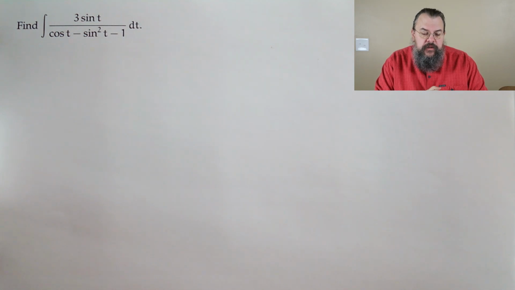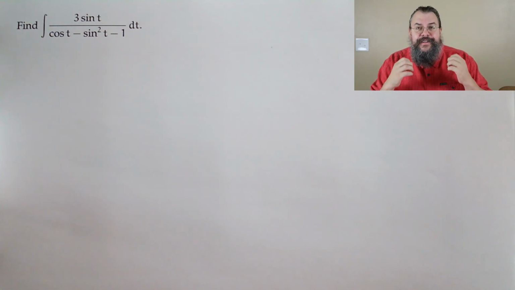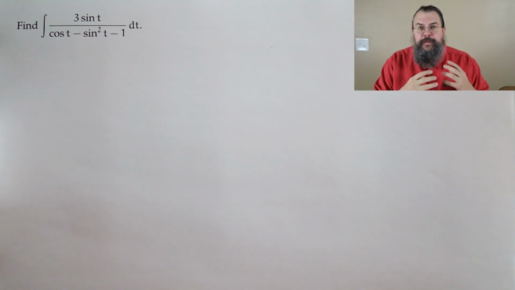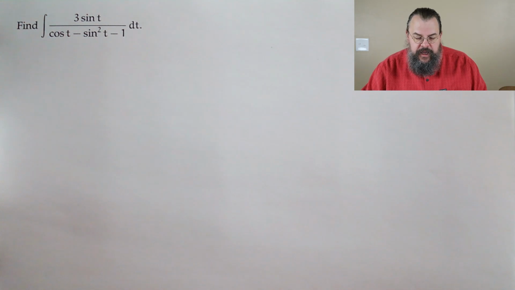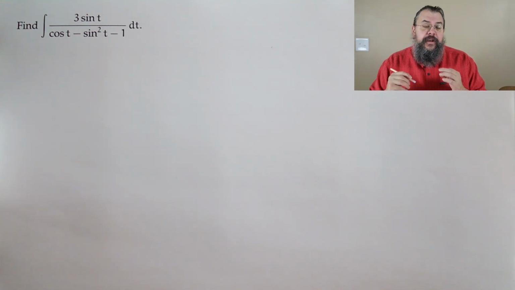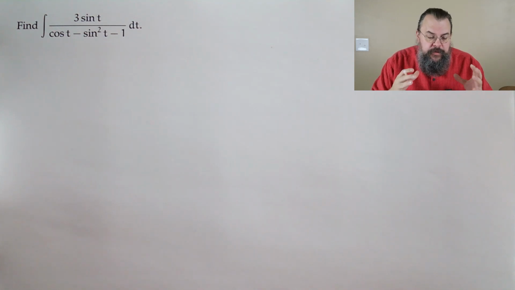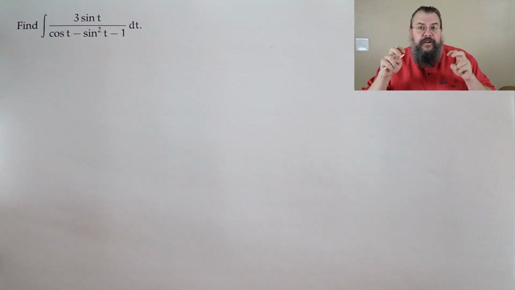Now, one of the things to start looking for is potential substitutions. Substitution is such a powerful method that if we can see a potential one, we should try to make it work. One of the things I like to spot, and I hope you get into this habit too, is to ask, do I see a nice derivative?